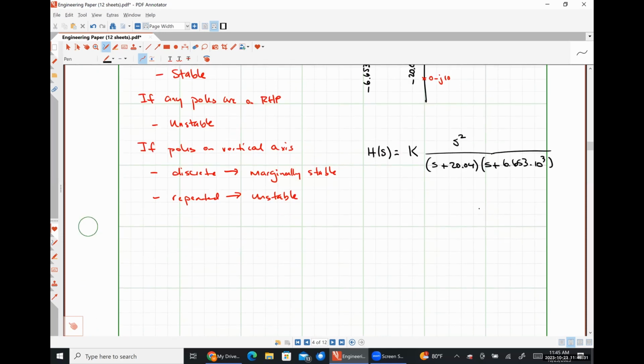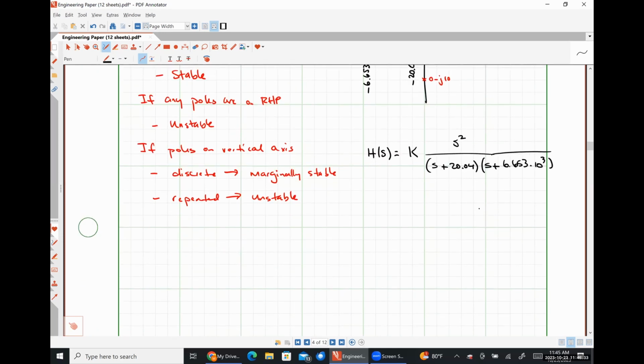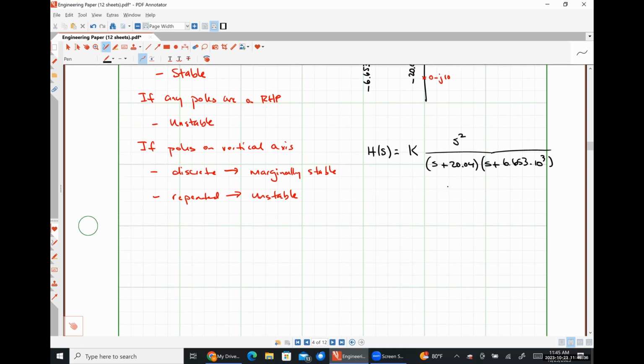So we want to transform this thing into the following form. Actually, sorry, this should be C here because that's what I was using earlier. We want it to be of the form K times S squared over 1 plus S over omega Z1 times 1 plus S over omega Z2.